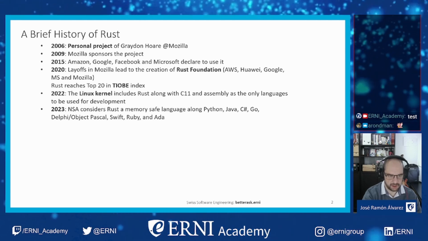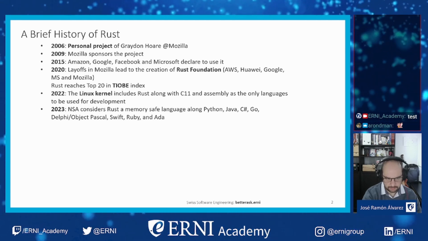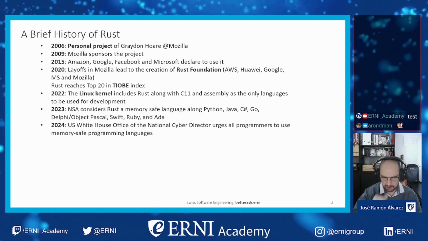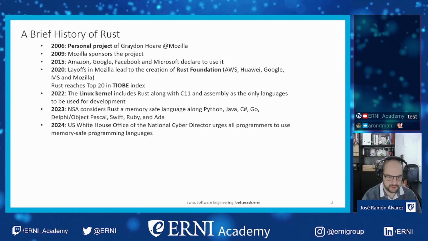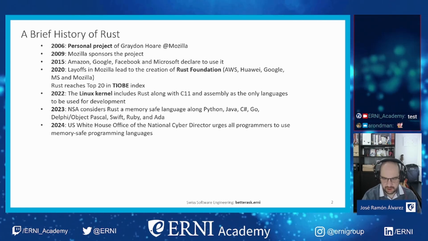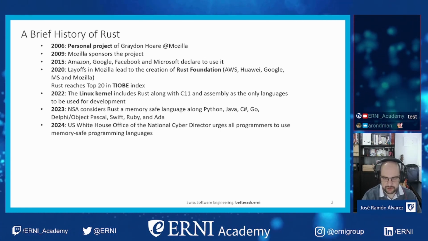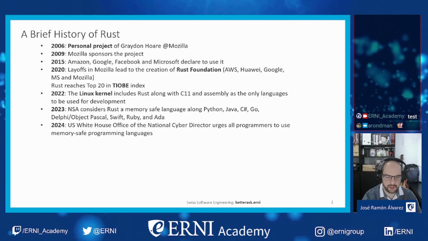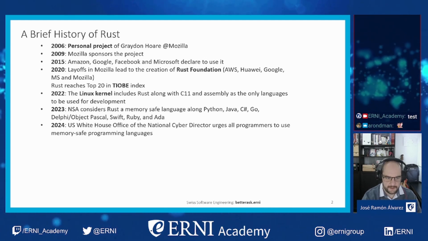So this is another big milestone. And recently, some weeks ago, the United States White House Office of the National Cyber Director published a paper urging all programmers to start using memory-safe programming languages.